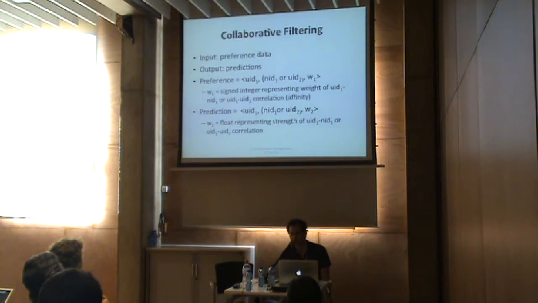And the prediction that we're getting back from this system is basically going to be, for each of those UIDs, each of the users, a second parameter, which would be another node ID or a UID, which didn't exist in that original data set. So if I've been browsing 5 nodes, I don't really want to see those 5 nodes in the set of recommendations that I get back from the system.